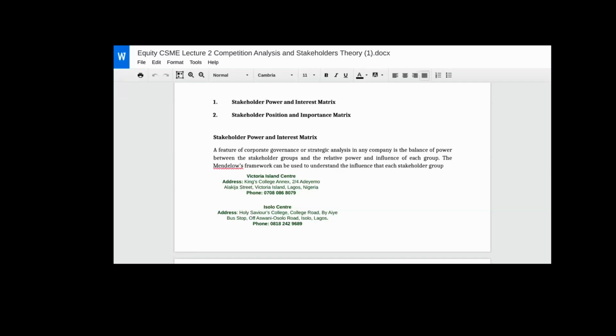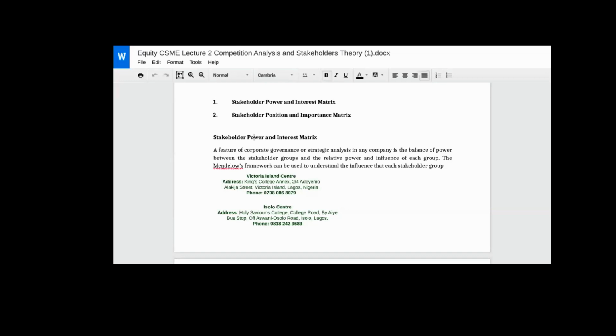So the stakeholders power and interest matrix informs us that all the groups of stakeholders that we have, be it voluntary or involuntary, legitimate or illegitimate, primary or secondary, internal or external, known and unknown, narrow or wide, have varying degrees, different levels of power and interest in the organization.